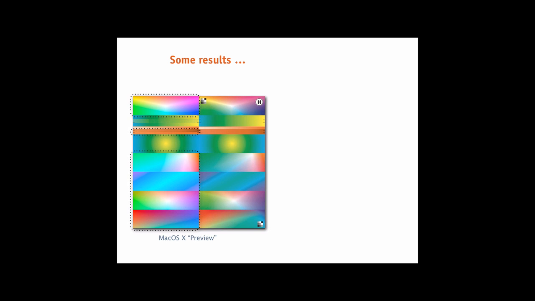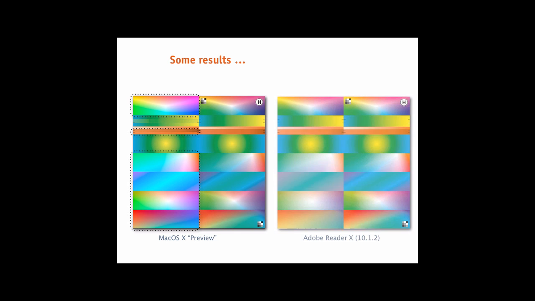If you look at it in macOS Preview, which you may do later on, some of the gradients differ from the reference. Not so clear here as it is if you look at it on another screen. Reader is doing pretty good on this one, but there's still a deviation in this area because there's something wrong.